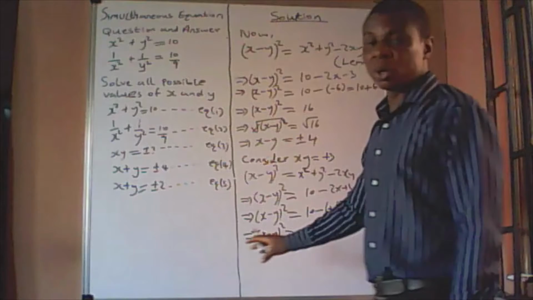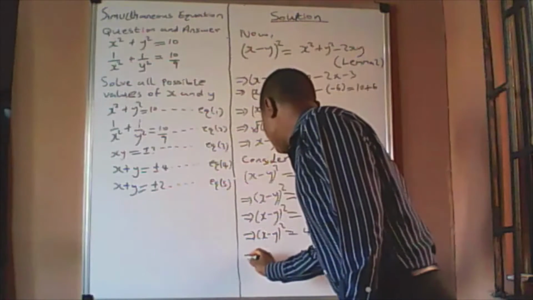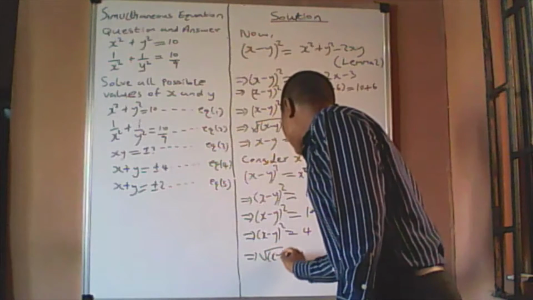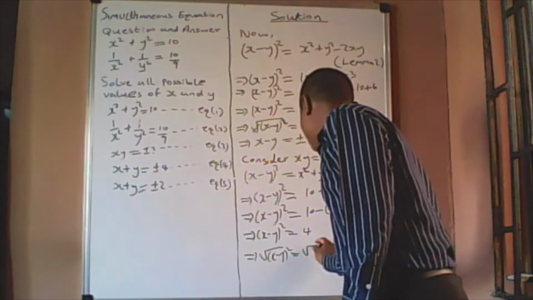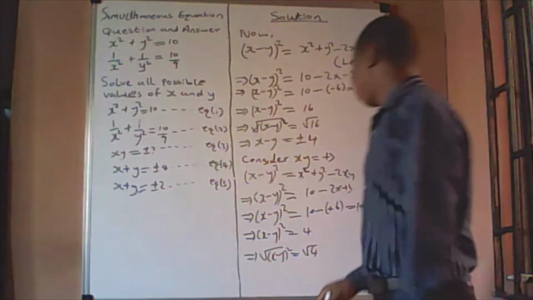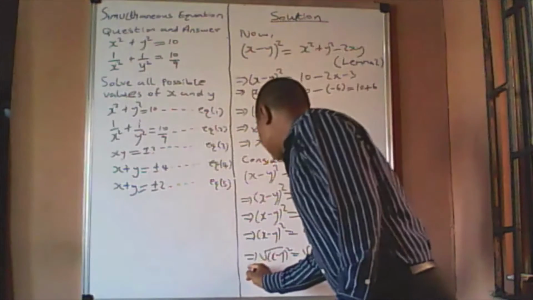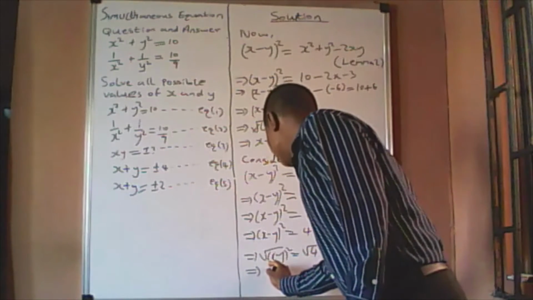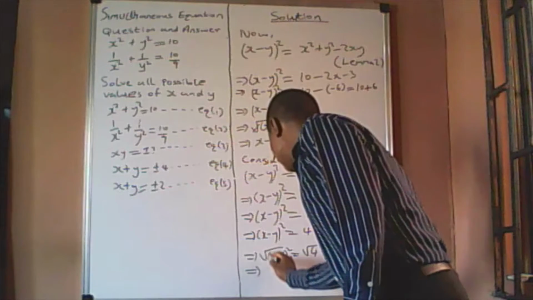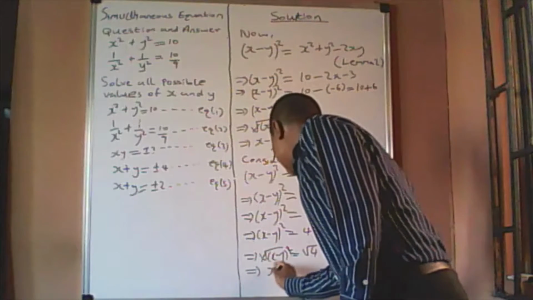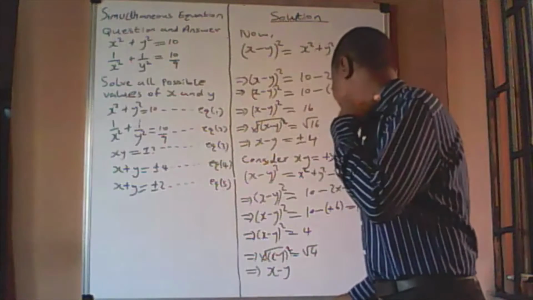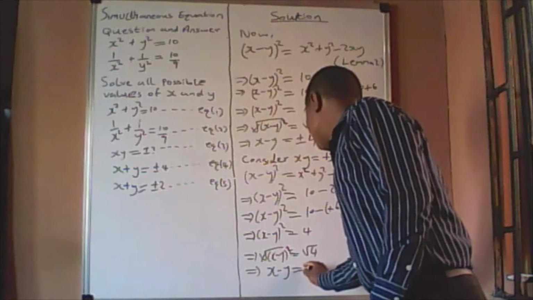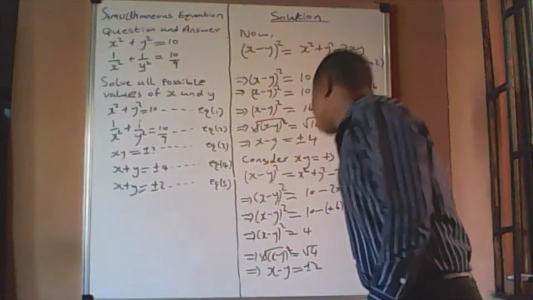Take the square root of both sides of the equation. We get root of (x minus y) all raised to power 2 is equal to root 4. It implies the square root cancels the square, and we get x minus y equal to root 4, which gives us plus or minus 2.